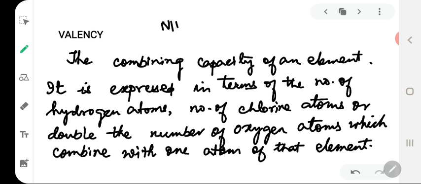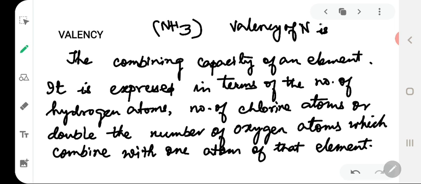Now for example, in NH3, valency of nitrogen is 3. Similarly, if we consider the example of say methane, which is CH4, valency of carbon is 4.